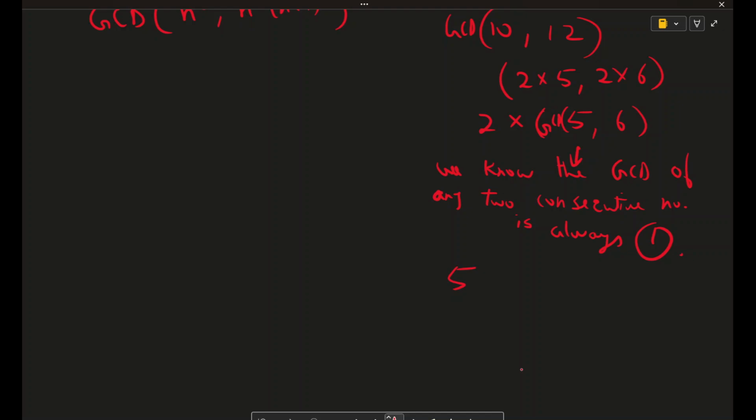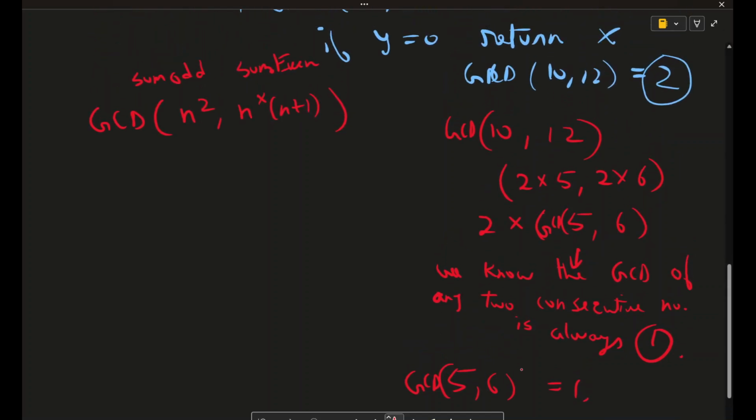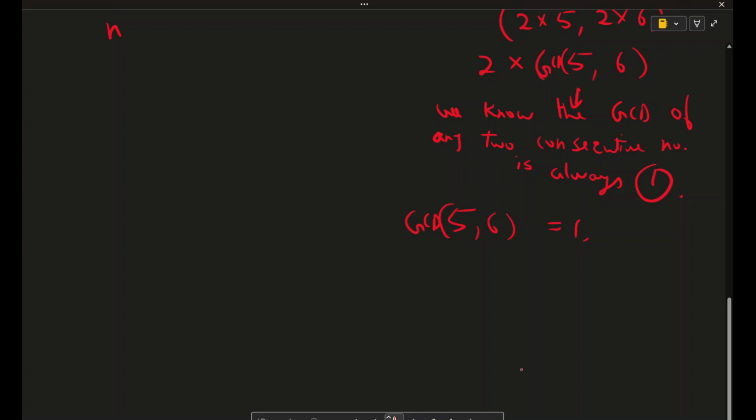So we can say that GCD of 5 comma 6 is equal to 1. Similarly, here we have to find the GCD of these two numbers. So I can take n outside. For 10 and 12, the GCD of 10 and 12 will be equal to 2 times GCD of 5 and 6. So here we will get 2 into 1, that is 2.